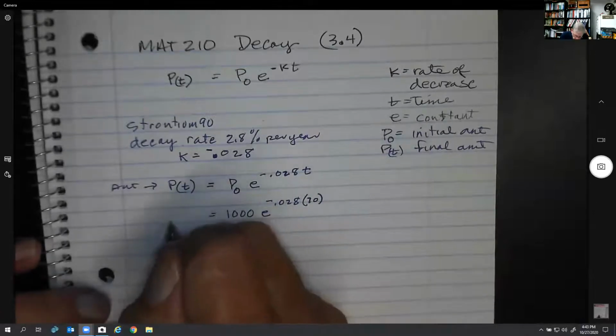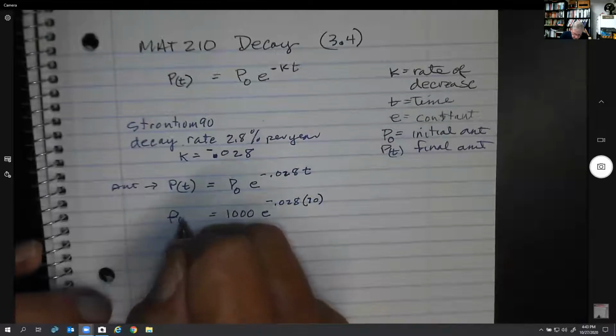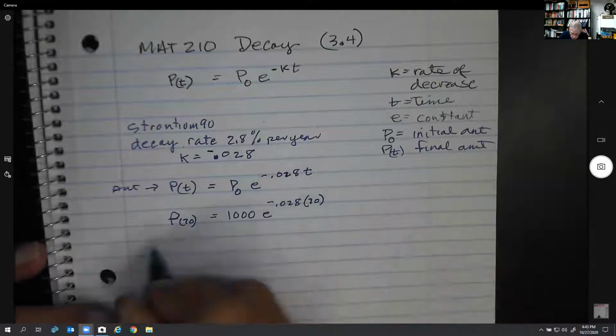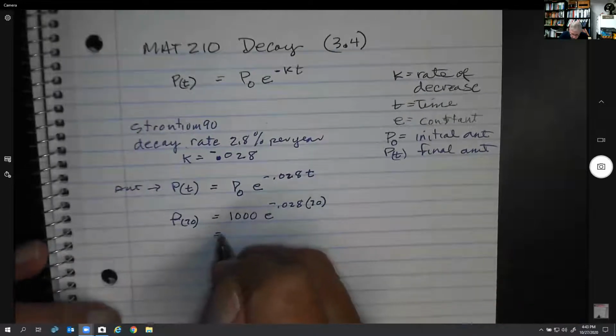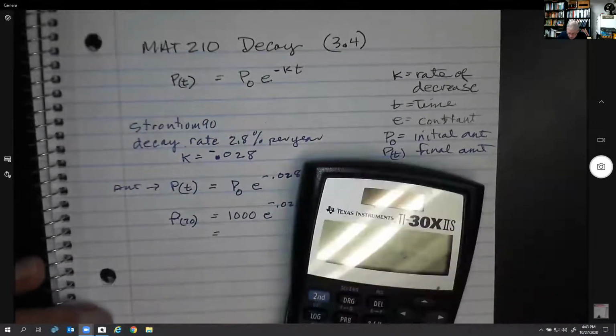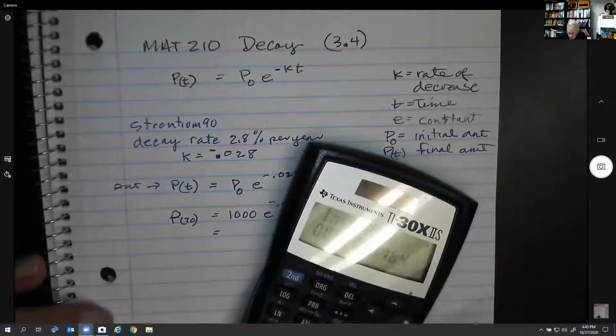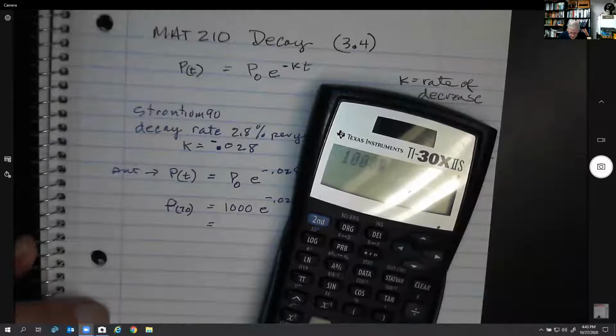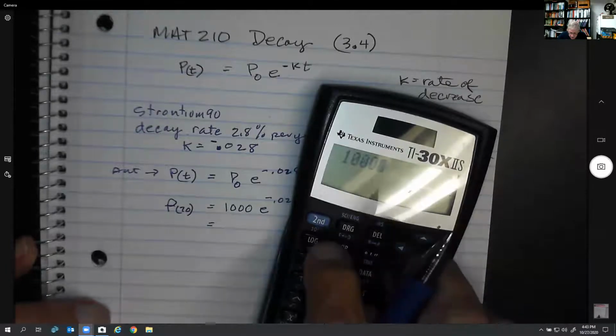So that's what we're trying to figure out, P after 70 years. All we got to do is put this in our calculator and figure it out. We don't have to do anything real fancy.